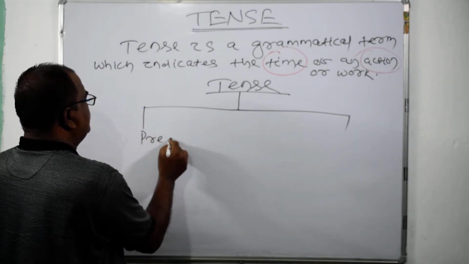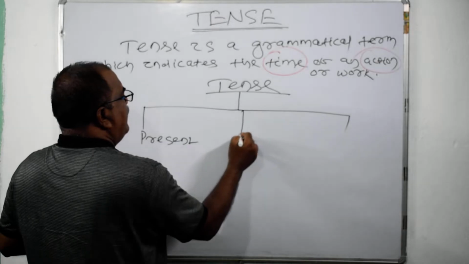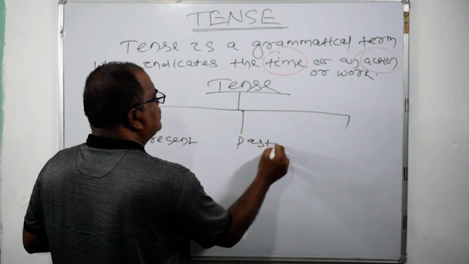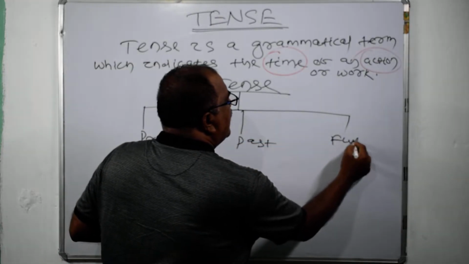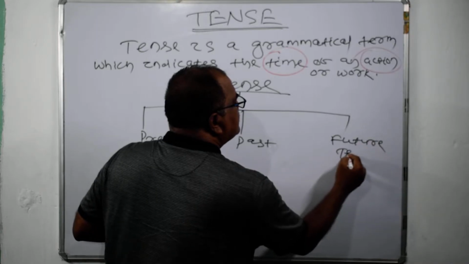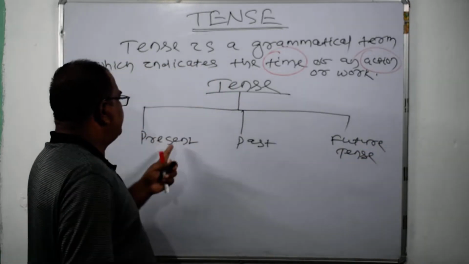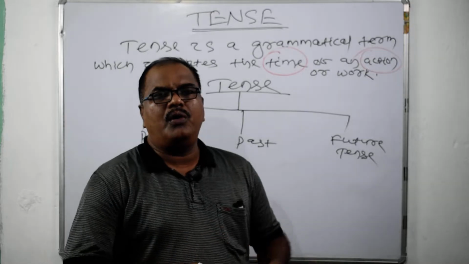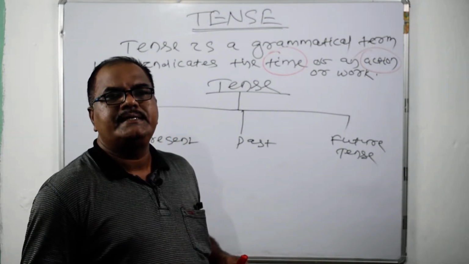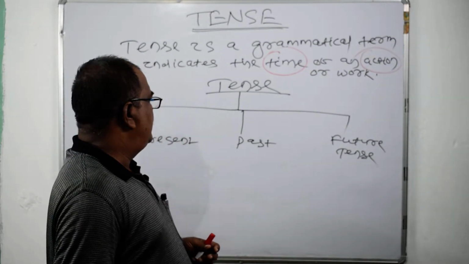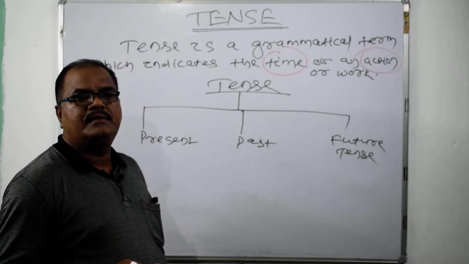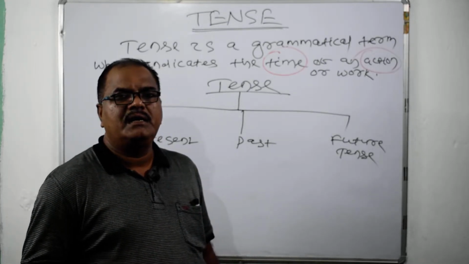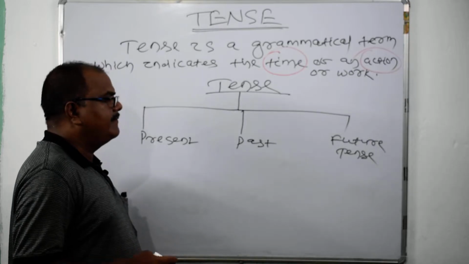Present tense, past tense and future tense. Each tense has four forms. What are they? Simple or indefinite, progressive or continuous, perfect and perfect progressive.